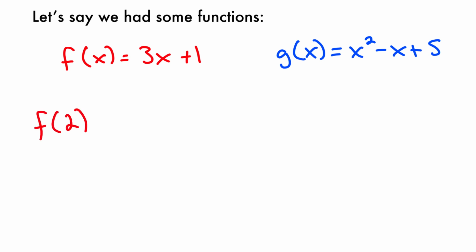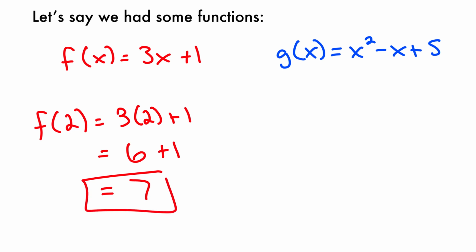And that is enough to tell you, I want you to plug 2 into the function f and tell me what its value is. So what you would do is, just like how in the function f of x, I replace this x with a 2, in the function f, I'm going to replace x with 2 and simplify. So 3 times 2 plus 1, which is equal to 6 plus 1, which is equal to 7.